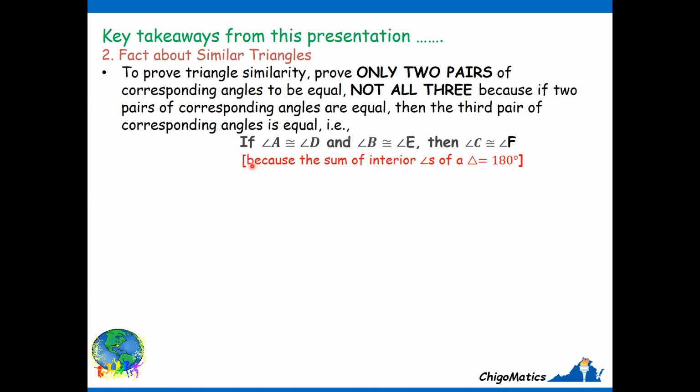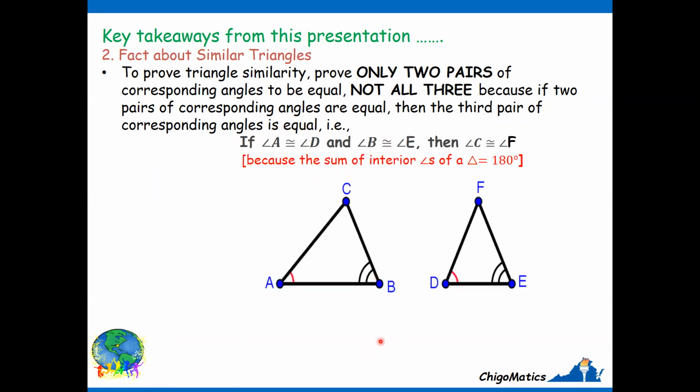That is to say, here is the situation. You are given that angle A is equal to angle D and angle B is equal to angle E, right? Then angle C is equal to angle F. Why? Because the sum of interior angles of a triangle is equal to 180.